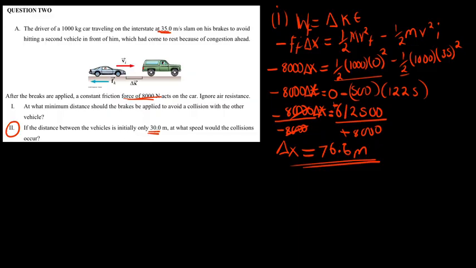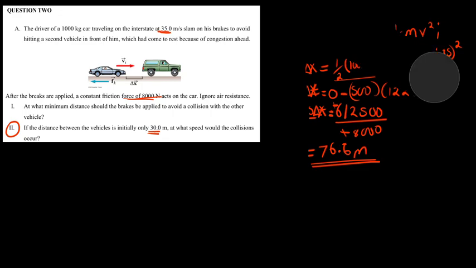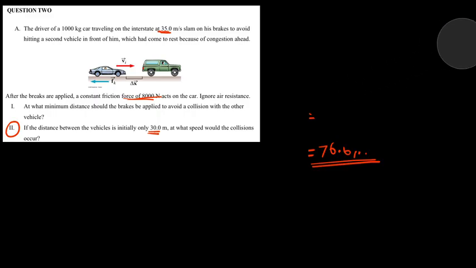So this means that we are looking for the final velocity, right? The speed at which the collision will occur. So in that situation, I will do the same thing, the same formula, right?